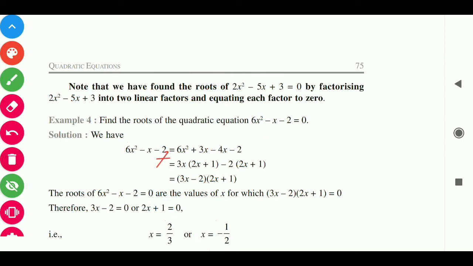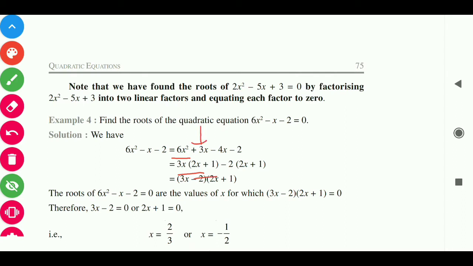So here, just as we have done over here, 6x square plus 3x minus 4x minus 2. Therefore, taking common 3x from this term, we get 3x, 2 into x remains here and 1 remains over here.